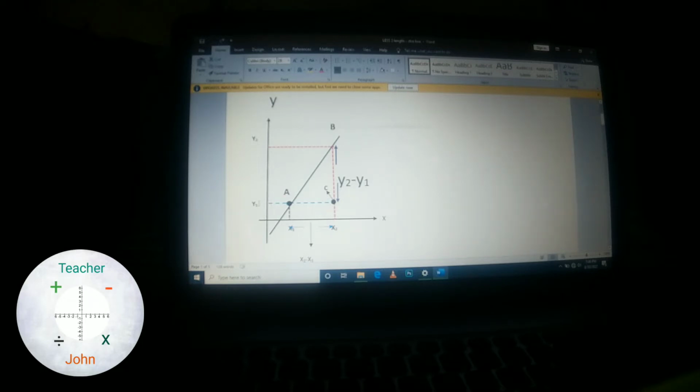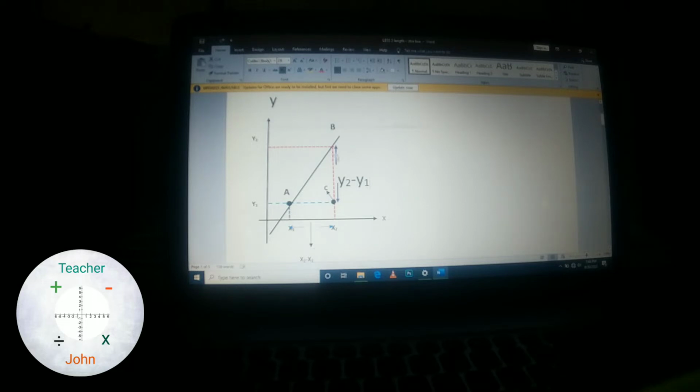if it is y1, and the final value it is y2, we shall say that the difference of these values, on the vertical, will be y2 minus y1, and on the horizontal the difference will be x2 minus x1.